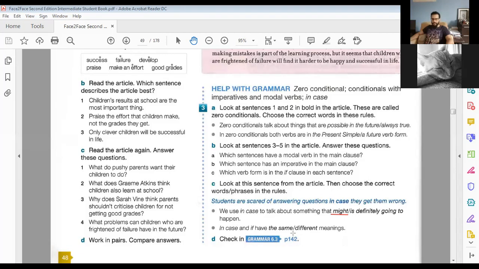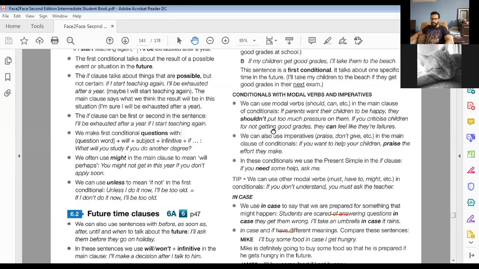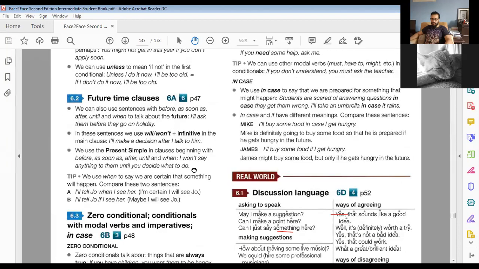Okay, so let's check the summary we have. Let's see if they're really the same or if there is a bit of a difference. Let's go to page 142. All right, now here we have the summary of zero conditionals.